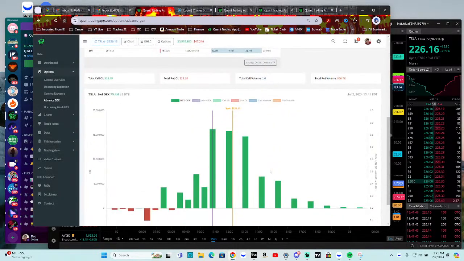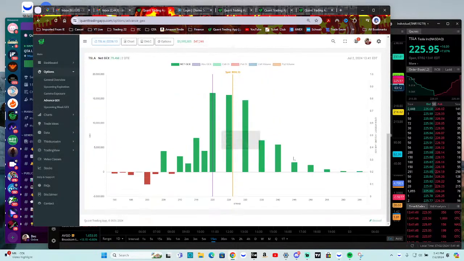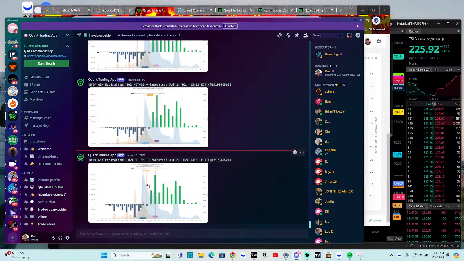And I like using the advanced GEX because you get live up to the second information. The snapshots are great, and they're really great because you can look at them as like a tail of the tape.